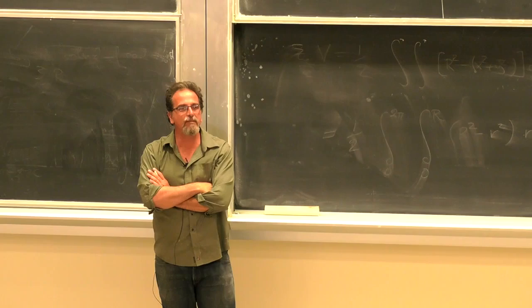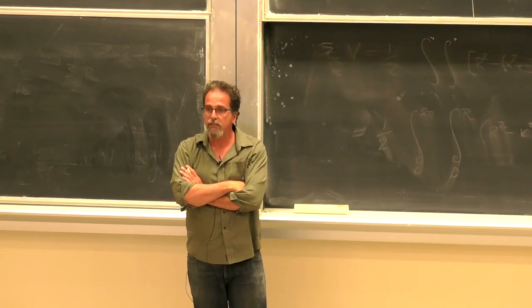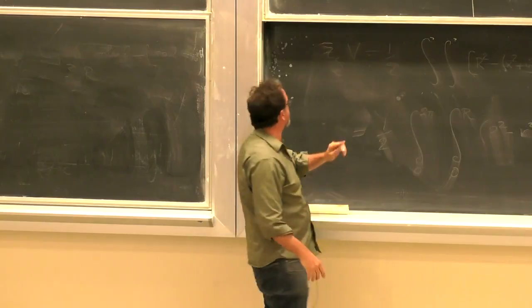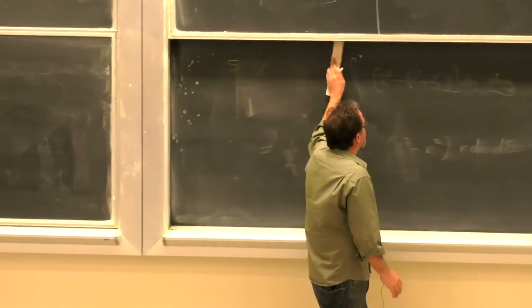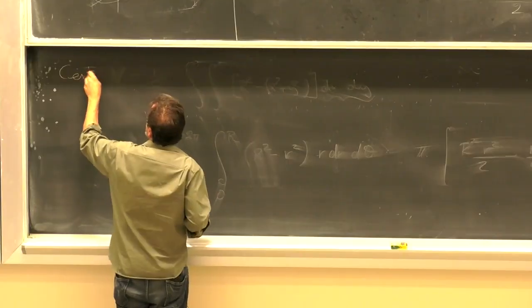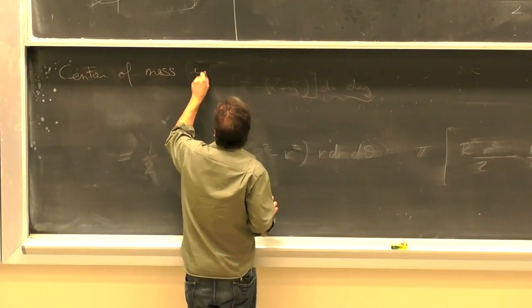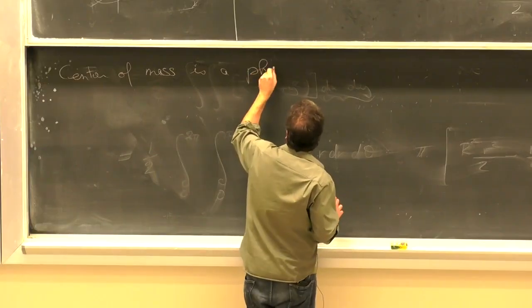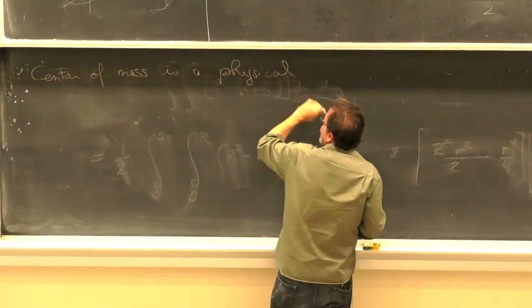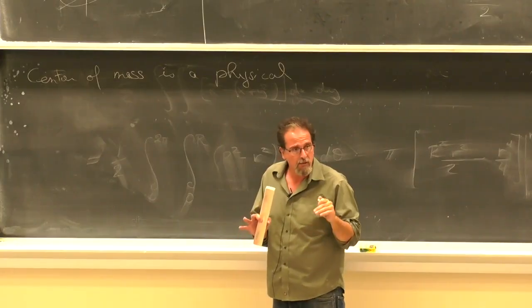So the only difference between centroid and center of mass is that center of mass is the mass-weighted center. Okay, so let me say right now, the centroid is a geometric and therefore mathematical idea.